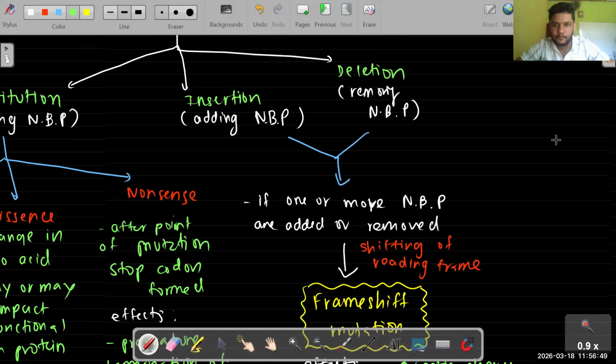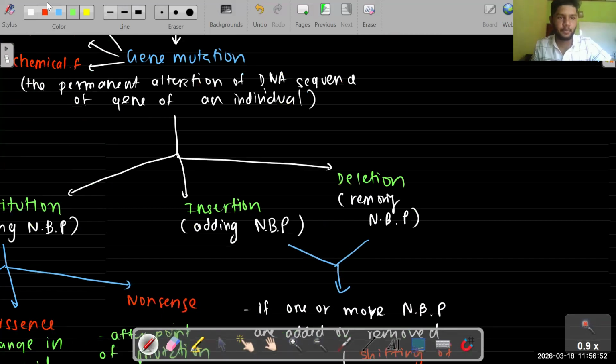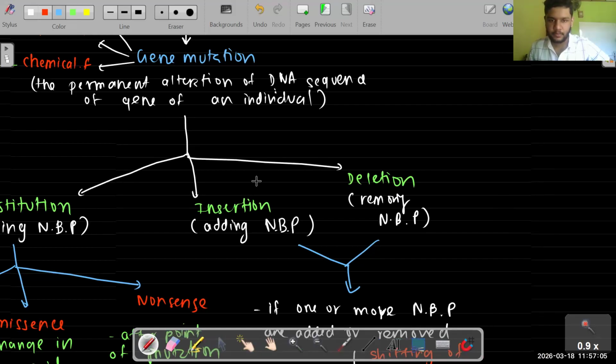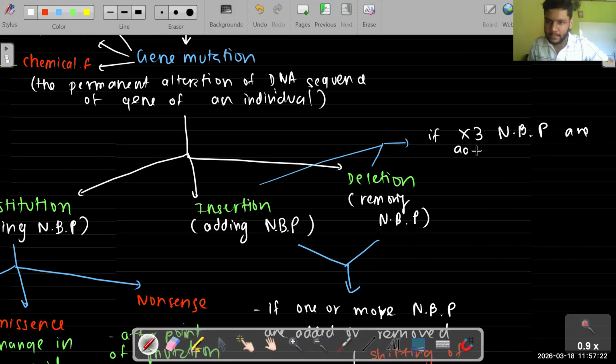And right, there is another case that can take place. What happens is, for this insertion deletion, what if I write it here? All right, I'll write it like this, right? If triplets, meaning multiples of three nucleotide base pairs, are added or removed, what happens?